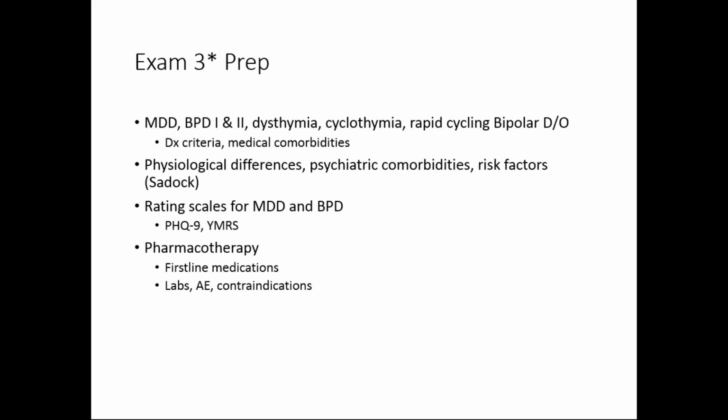We want you to know rating scales for MDD, screening instruments, tracking instruments, PHQ, Beck Depression Inventory, the Mood Disorder Questionnaire for adults, the Young Mania Rating Scale for younger people, and then the medicines, labs, contraindications, patient education, adverse effects. I'm trying to think if there's anything else.